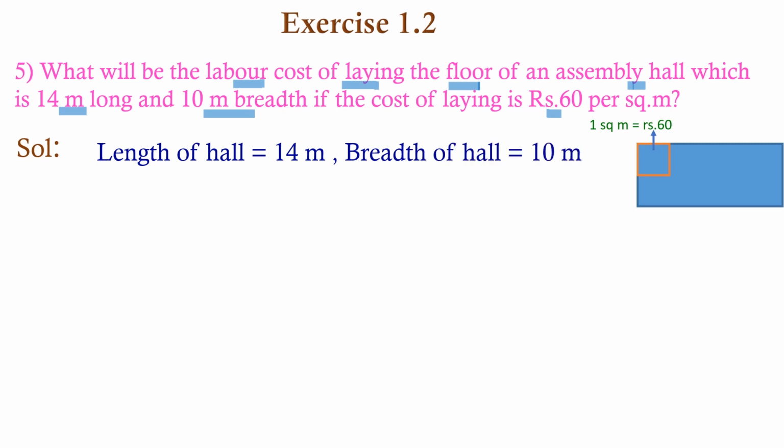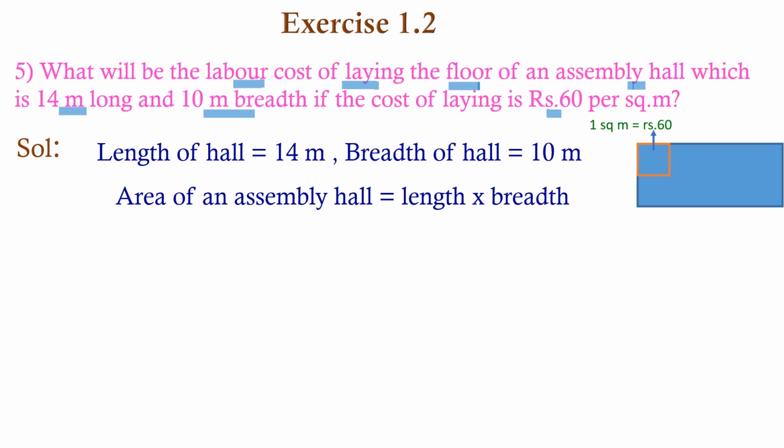To find out the total cost, first we have to find out area of that hall. So find out area of an assembly hall equal to length into breadth is equal to 14 meter into 10 meter. 14 tens are 140 square meter. Now we got the area of an assembly hall, that is 140 square meter.